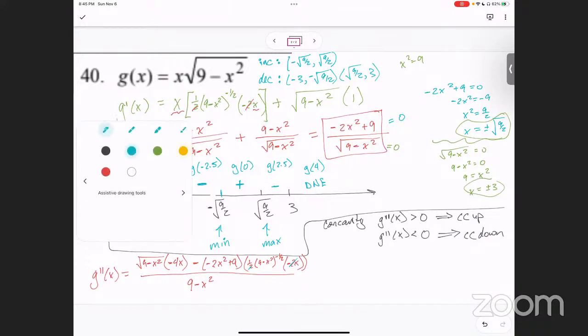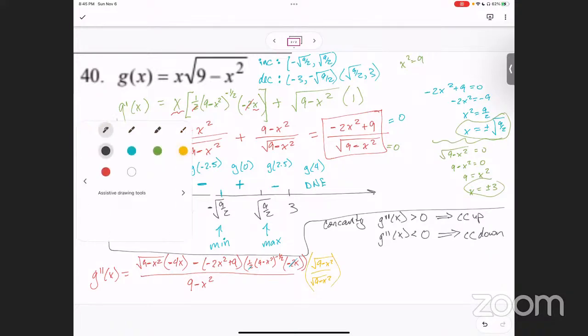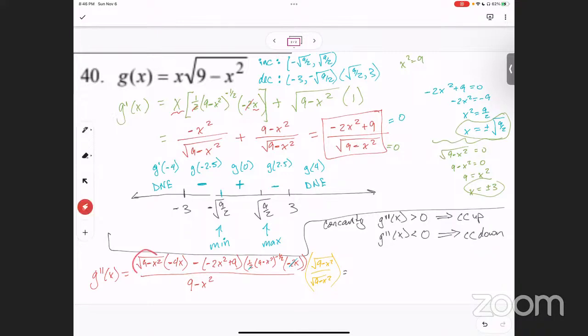If I multiply the top and bottom by the square root of 9 minus x squared, this is called clearing the fraction. What I will get on the top is the square root will cancel with this one, and you'll just get negative 4x times 9 minus x squared.